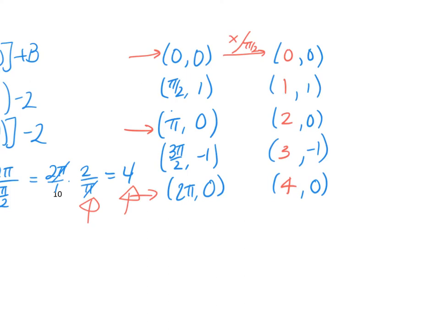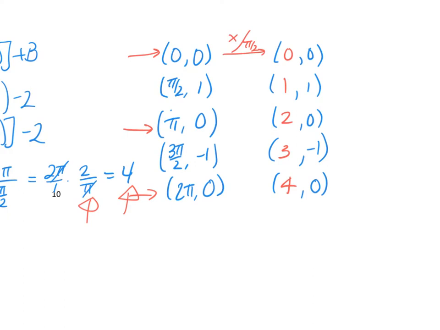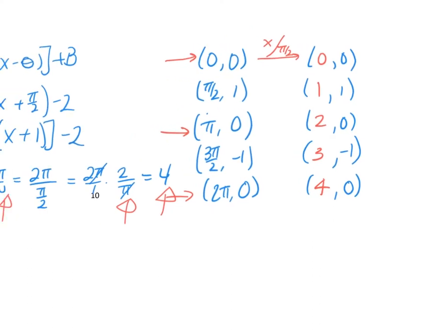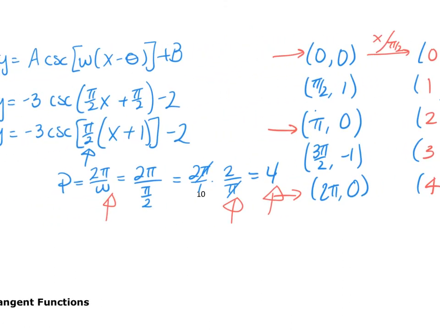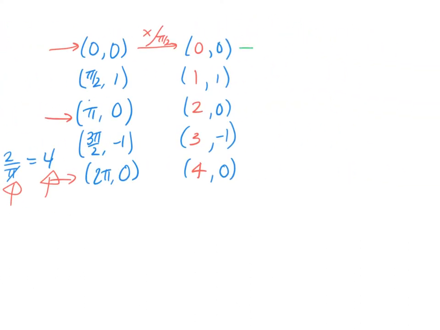All right, coming back here. This is a plus 1, so what am I going to do to all my x's? Subtract 1. So I'm going to take all my x's and subtract 1. So x minus 1.